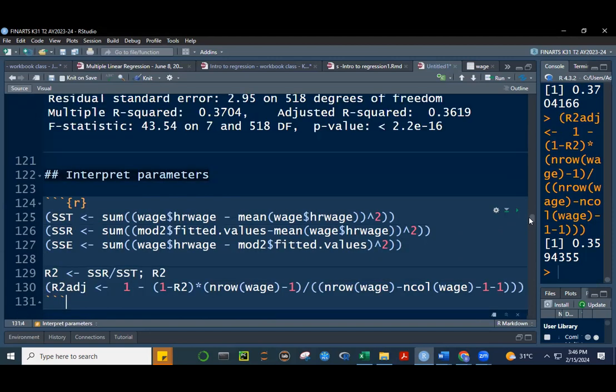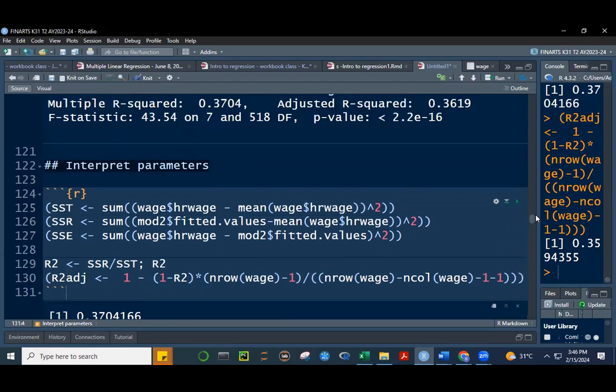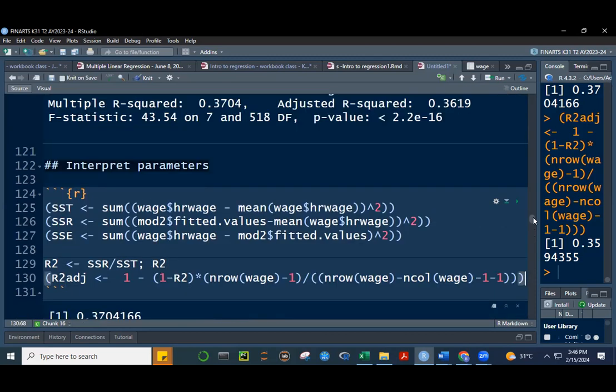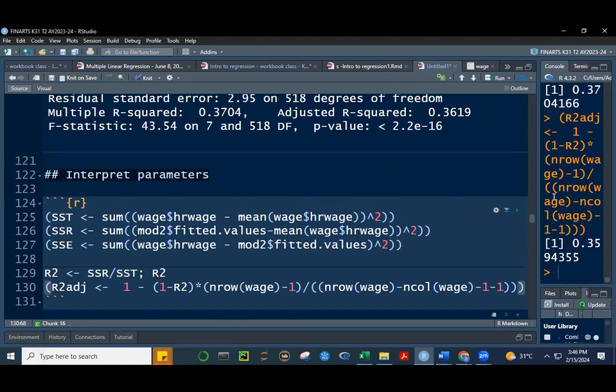Is it the same? 36.19. Okay, I must have made something here wrong. N minus K, subtract 1 because it includes the intercept, and then minus 1. So this should be correct. Okay, anyway, just help me decipher why it's giving a different answer. It should be 36.19 also.